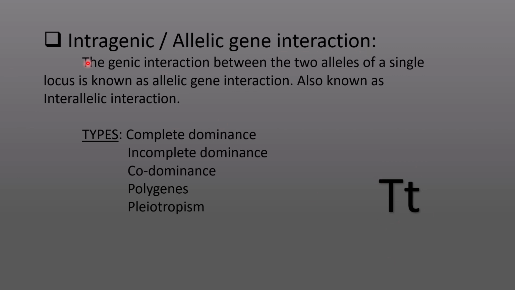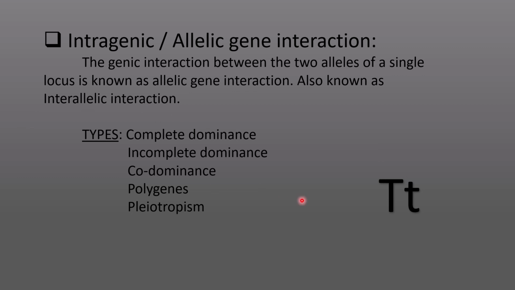The definition goes like this: the genetic interaction between the two alleles of a single locus or single gene is known as allelic gene interaction. This can also be called interallelic interaction, because it happens between two contrasting alleles.